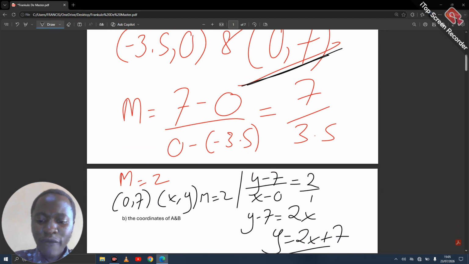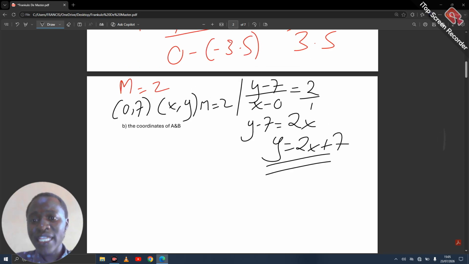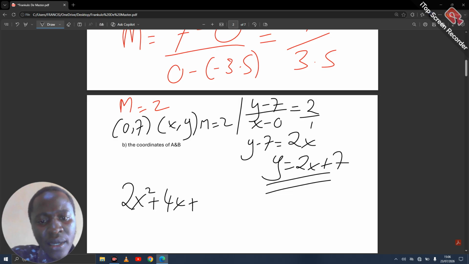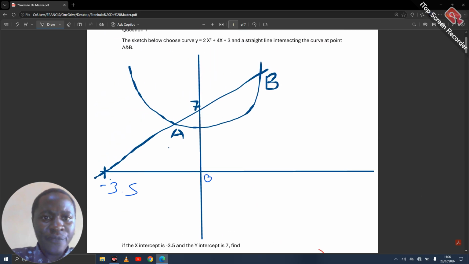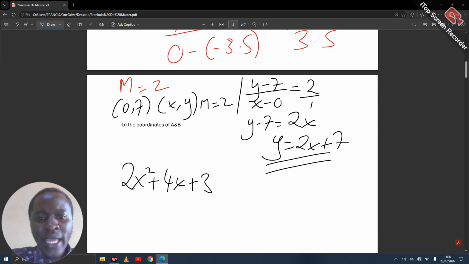So the function was already provided, and this 2x plus 7 is our equation. Now, I have already told you that when two things meet, that means that they are equal. So that means the function 2x squared plus 4x plus 3 is equal to the equation of the line, which is 2x plus 7.